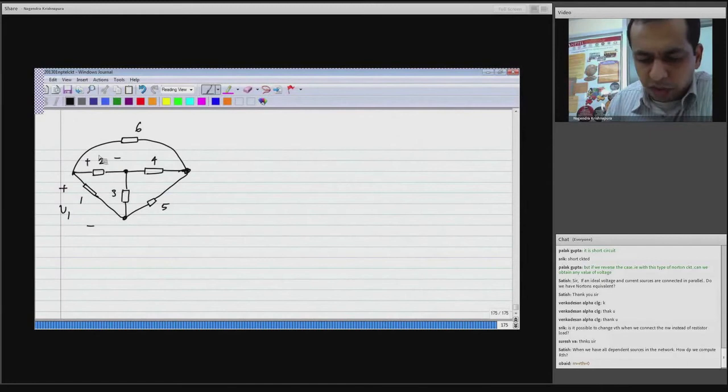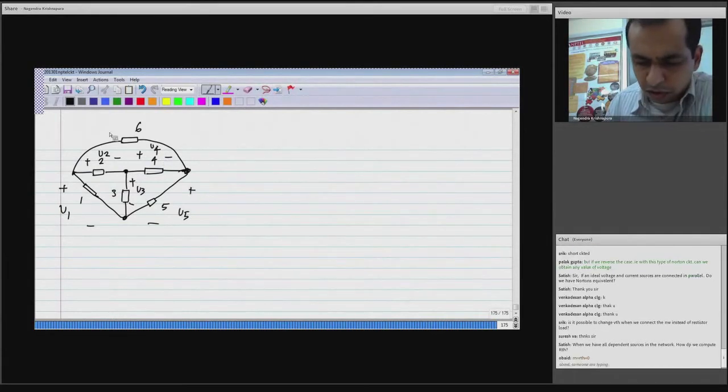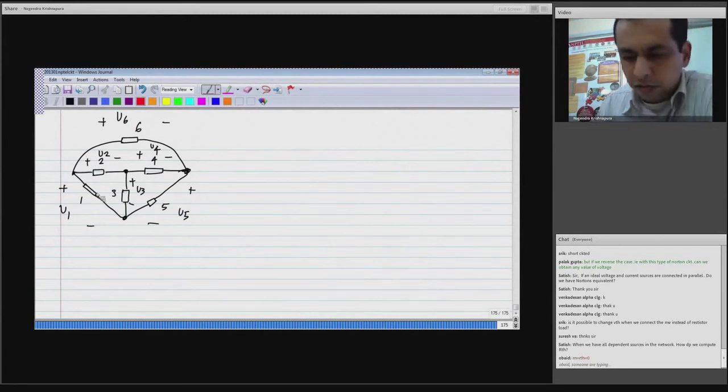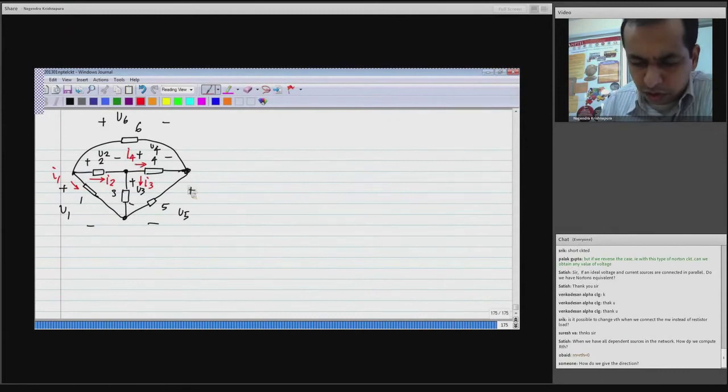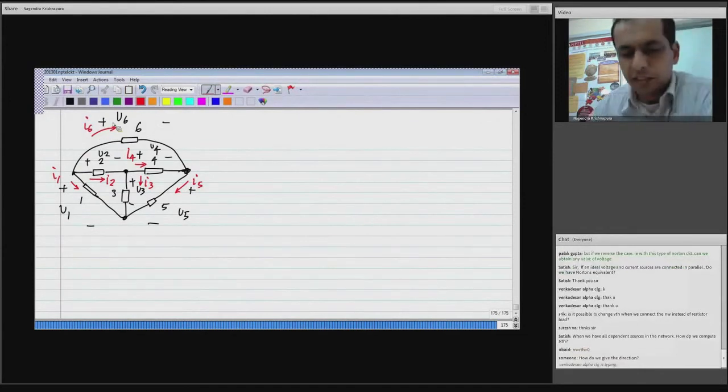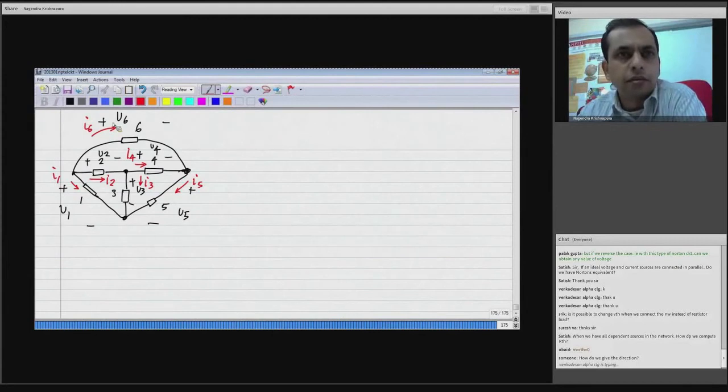And I will label the voltage of every branch, V6, and then I'll also label the currents consistent with the passive sign convention: I1, I2, I3, I4, I5 and I6.